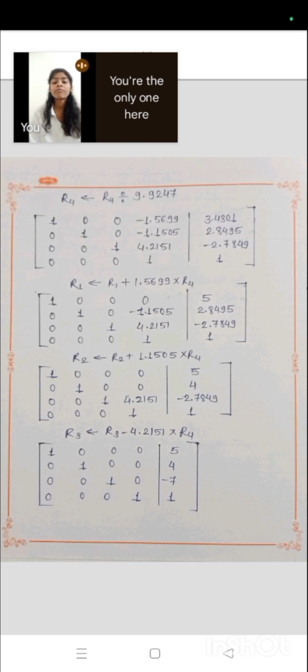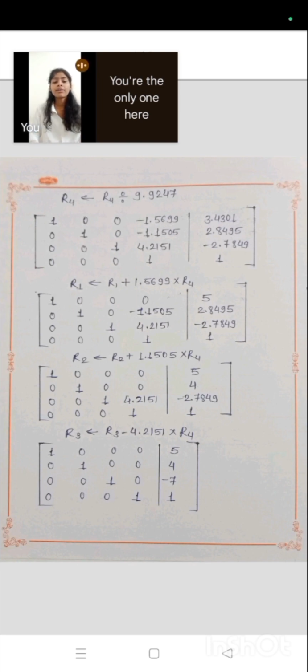In column 4, R2 value is minus 1.1505 plus 1.1505 into R4 value 1, so the plus and minus will be 0. In column 5, R2 value is 2.8495 plus 1.1505 into R4 value 1, so the value is 4.